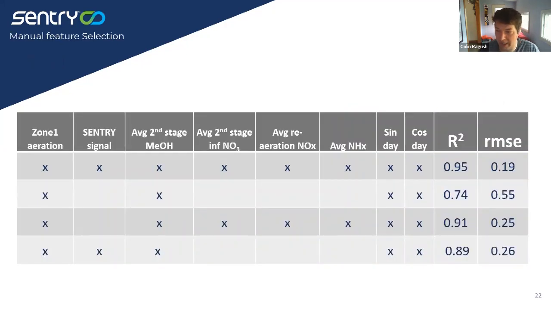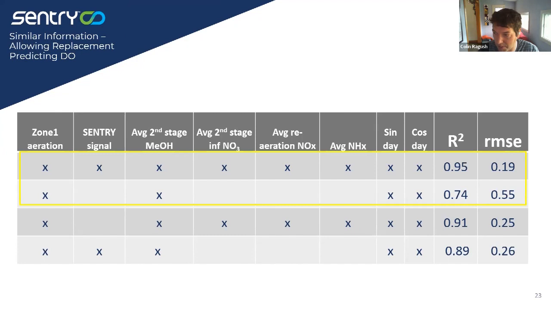Now, the next way we can look at it is we can start to consider the parameters that we include in the model and determine who we should remove, or who we can remove without really impacting our model. So the first thing to take in is the complete model at the top has an R-squared of 0.95, the ideal being a 1, and this is for validation data, and an RMSE of 0.19.